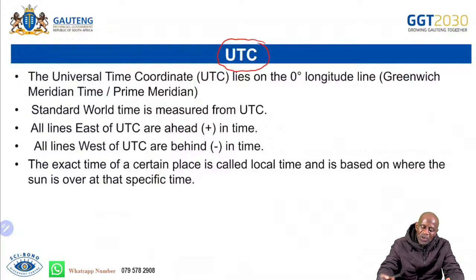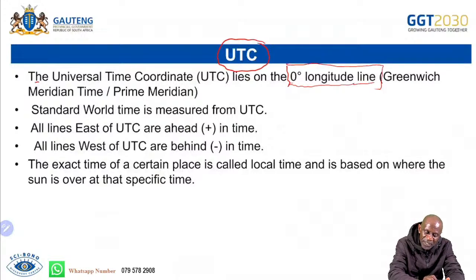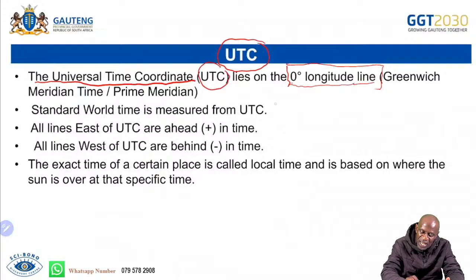It lies on the 0 degrees longitude line. So if you don't want to say the UTC, I'm giving you another name for the Universal Time Coordinate, or you can simply say the 0 degrees longitude line.